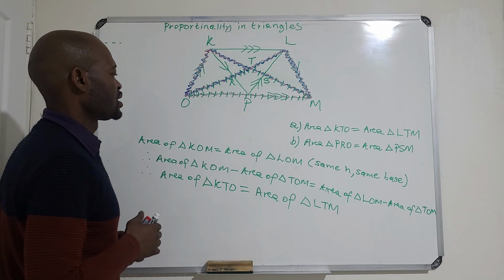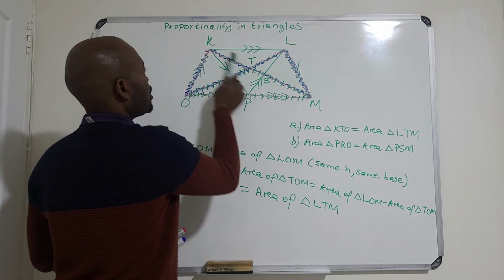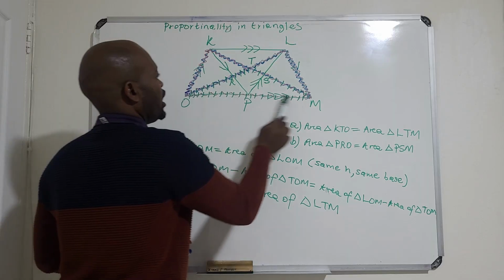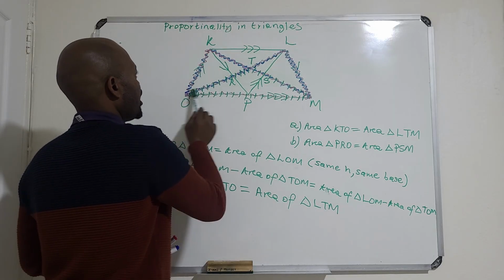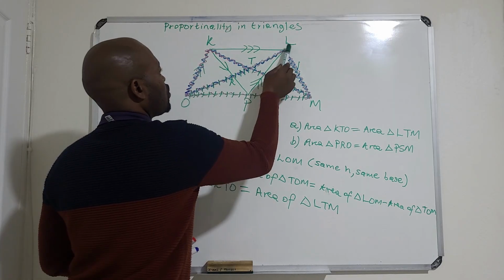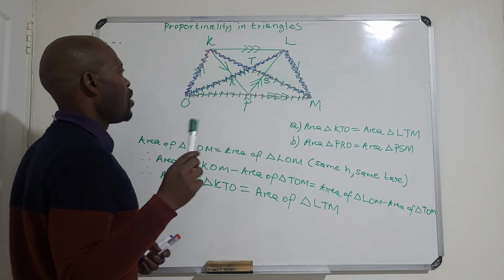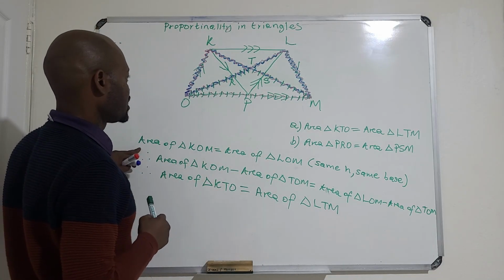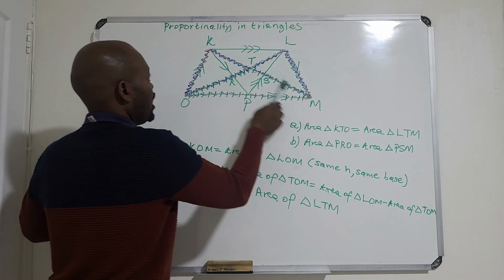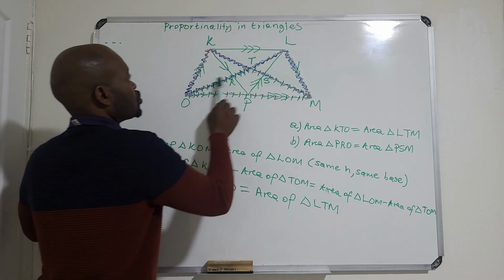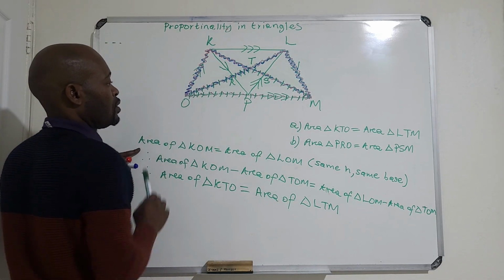Let's repeat this. We have used this area and this area to show that this area is equal to this area there. Now, we have said that this area is equal to this area. Why?